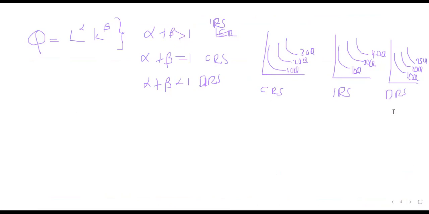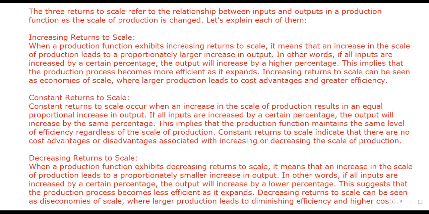Then we also have what is called decreasing returns to scale. When you're dealing with decreasing returns to scale, we're looking at a production phenomenon where an increase in the scale of production results in output that is proportionally smaller than the input we put in.